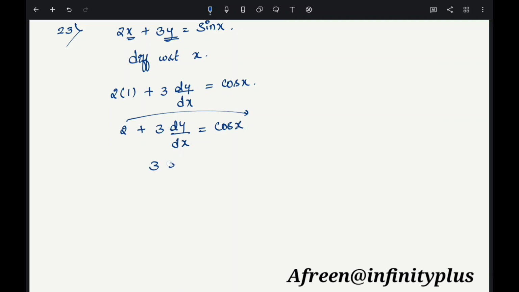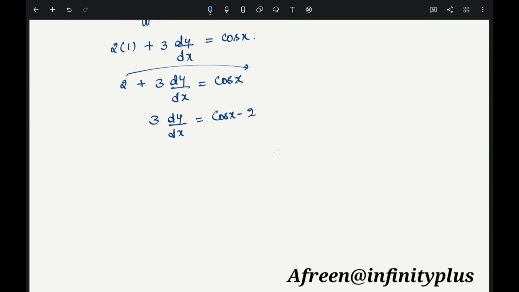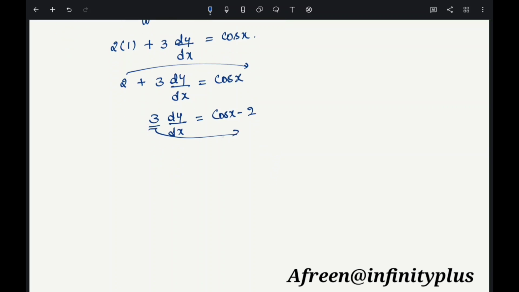It will become 3 into dy by dx is equal to cos x minus 2. Now send this 3 to the denominator of that side. So dy by dx will be on the LHS, and the RHS will become cos x minus 2 divided by 3. So here we have got the answer for what they are asking, which is dy by dx. We got it as cos x minus 2 divided by 3.